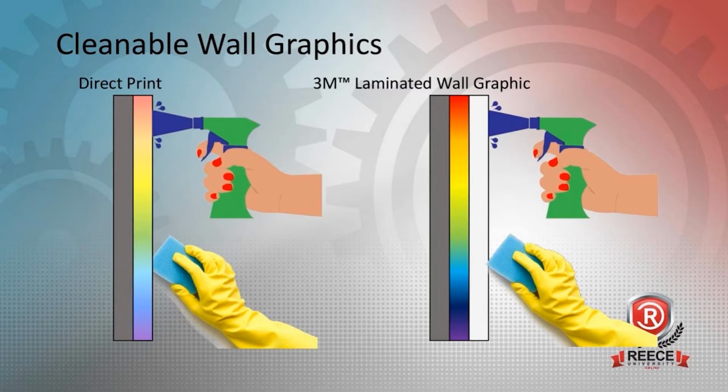So being able to provide your customers with really super cleanable wall vinyls, especially healthcare, education, people with compromised immune systems, you really need to provide a solution that you're going to be able to wipe down with harsh chemicals and cleansers.